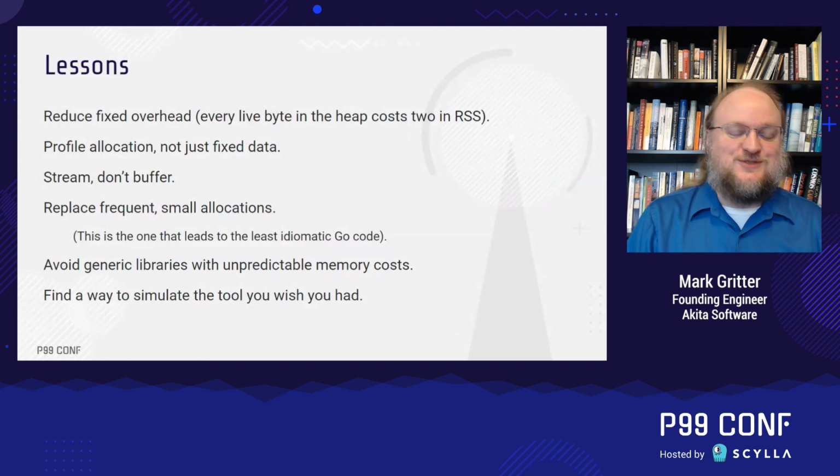I don't mean you should avoid libraries at all, but maybe avoid libraries that use reflection or use some other indirection mechanism that's going to be high memory cost. So we replaced the sort of generic library that worked with any protobuf with code that worked only with our protobufs.